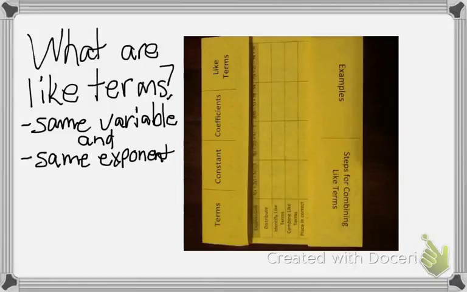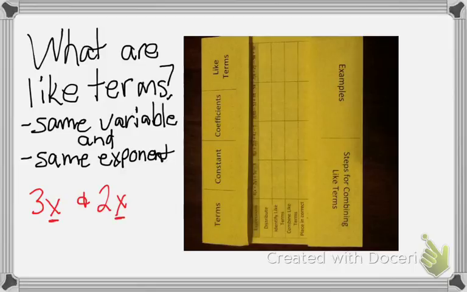Okay, today we're going to talk about combining like terms, but just a reminder from our definitions, what are like terms? If you recall, like terms have the same variable and the same exponent. So, for example, if I have 3x and I have 2x, those would be like terms.